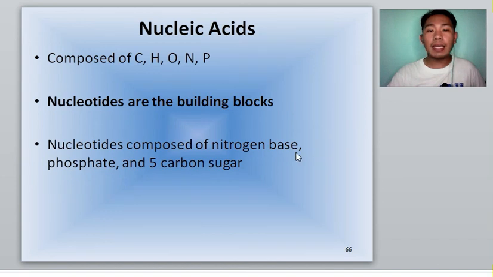Nucleic acids are composed primarily of carbon, hydrogen, oxygen, nitrogen, and phosphorus. As I've said, nucleotides are the building blocks and are composed of a nitrogenous base, a phosphate, and a 5-carbon sugar.